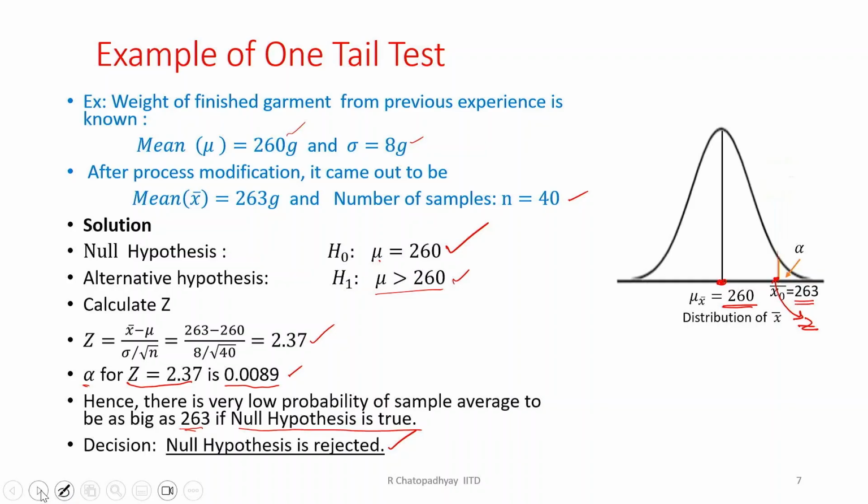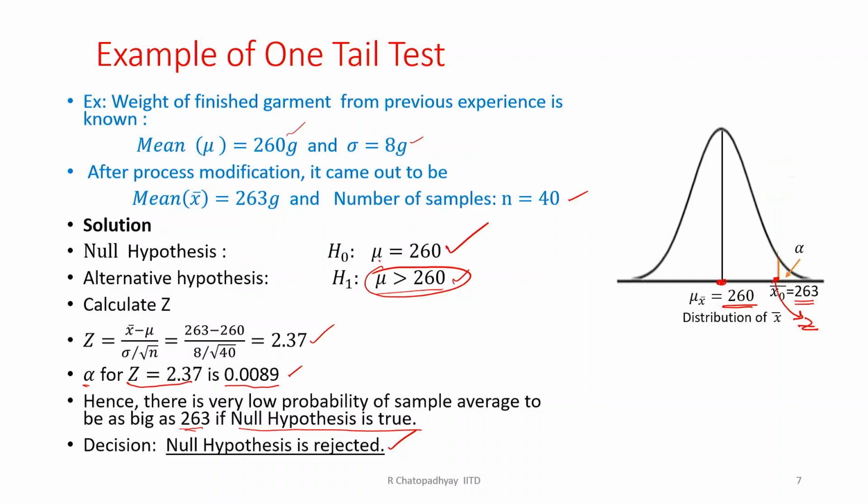So this is one example of a one tail test. We are only interested to know whether mu is greater than 260. If I got a value less than 260, suppose I got a value 256, then we could have written H1 as mu less than 260 and carried out the test in exactly similar fashion.